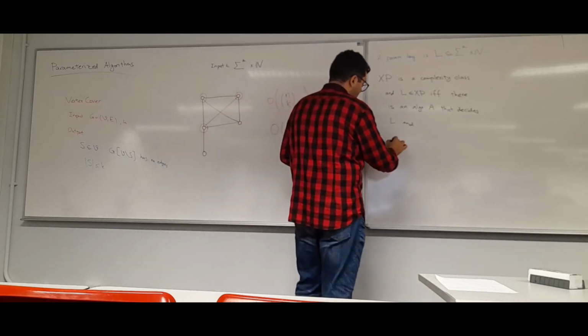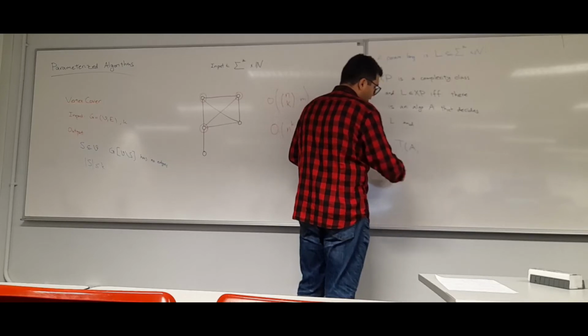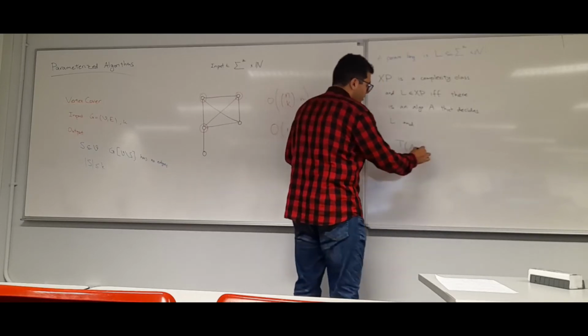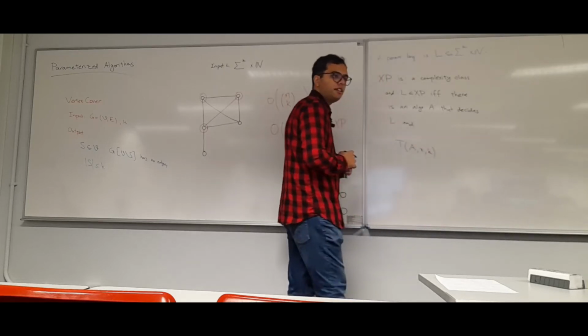So I want to say the time it takes for the algorithm A to run on an input, but now my input is some string, let's call it x, and some integer, let's call it k.